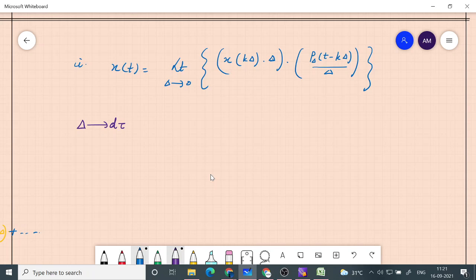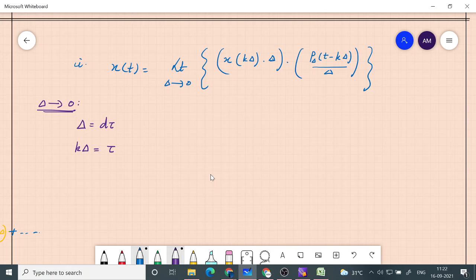In the limit delta tends to 0, delta becomes d tau.